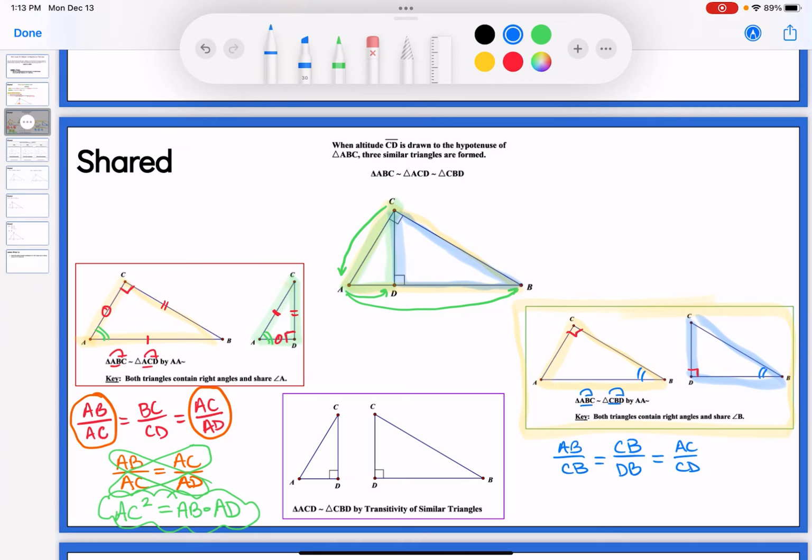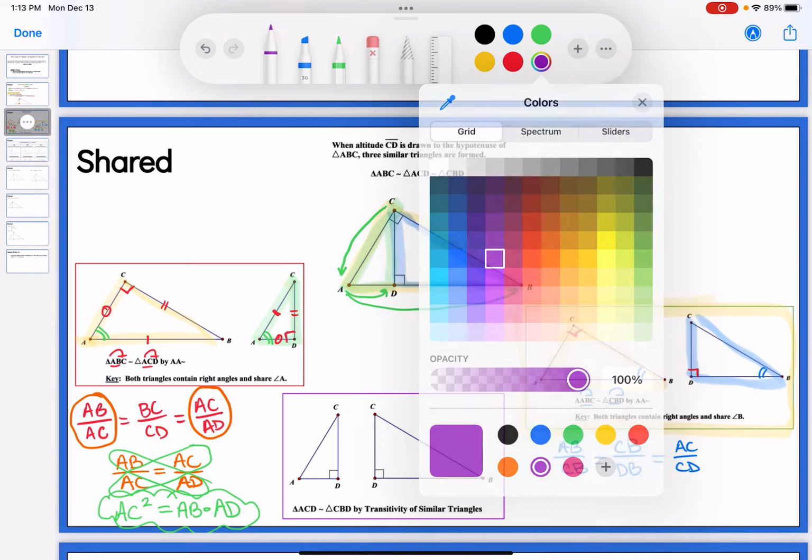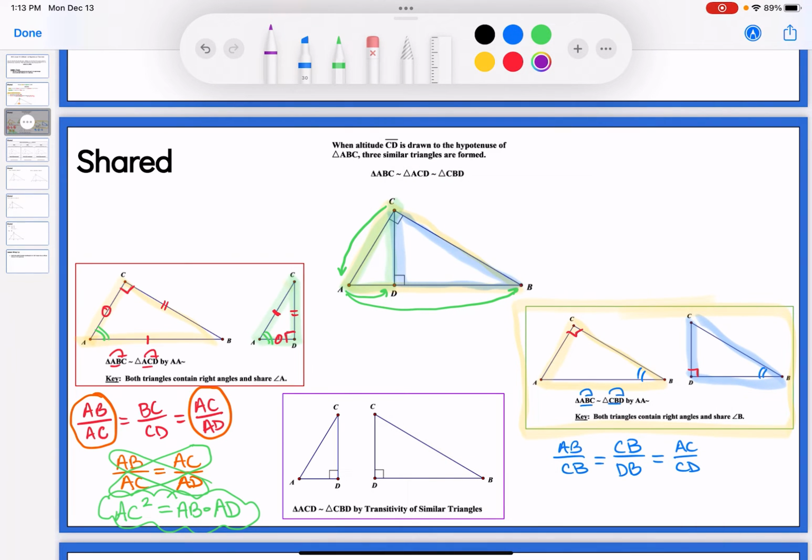Now again, we're looking through here and trying to find the two ratios that have the same segment in them. So in this case it's the first two. So if I just look at those two, I have AB over CB equals CB over DB. And if I cross multiply, I get CB squared equals AB times DB. There's the next part of our formula.